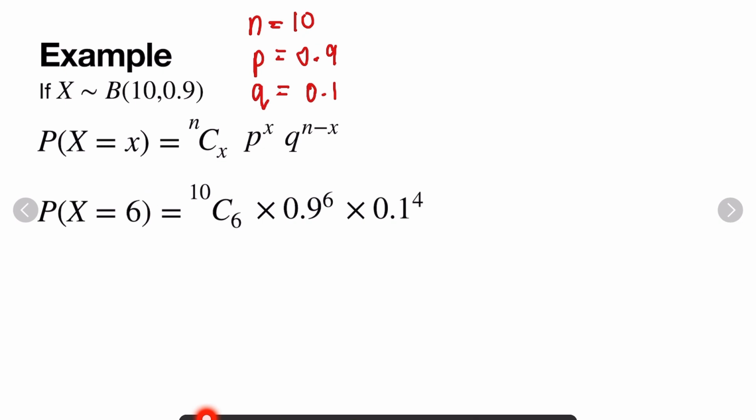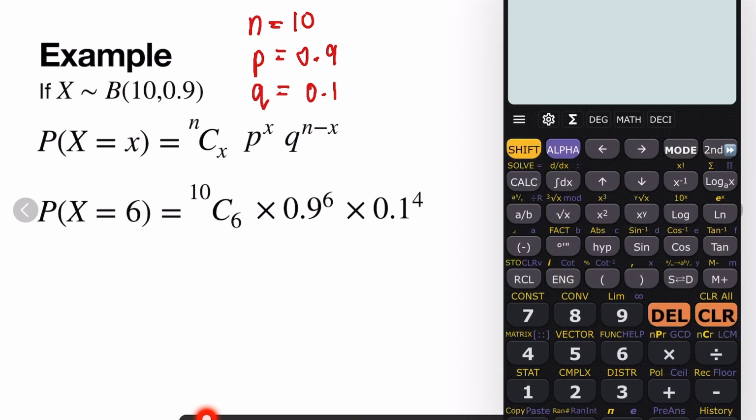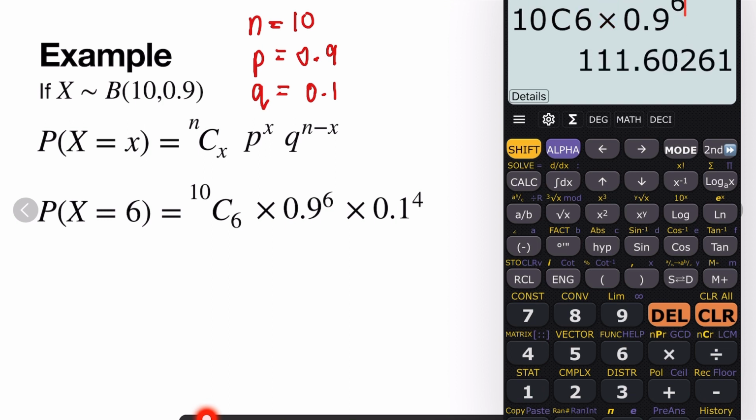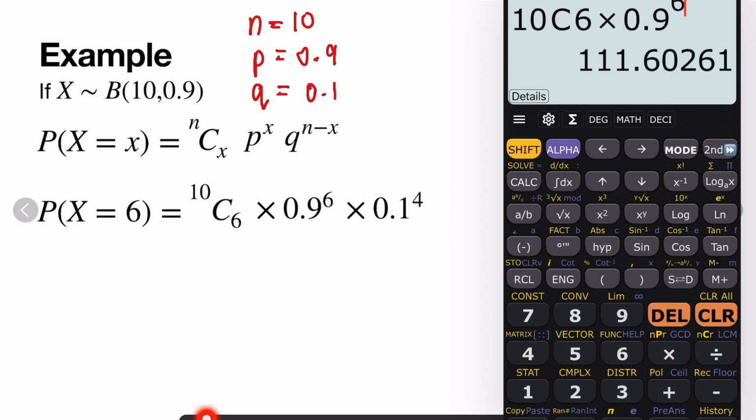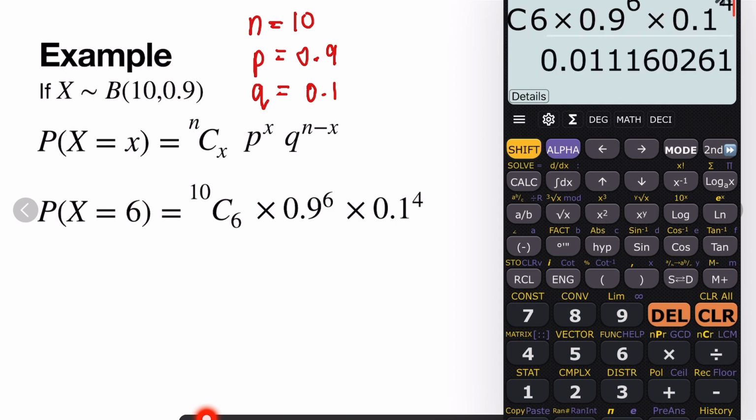Press the calculator, shift bahagi, so 10 shift bahagi, dia akan keluar C tu, 6, 10C6, times 0.9 to the power of 6 times 0.1 to the power of 4. So you're going to get like this.